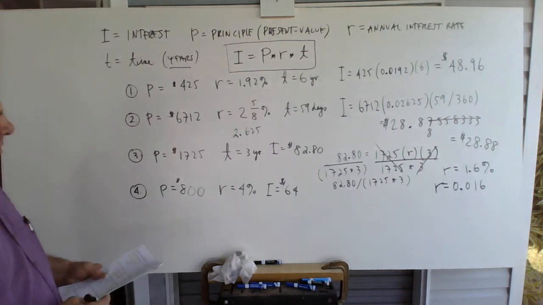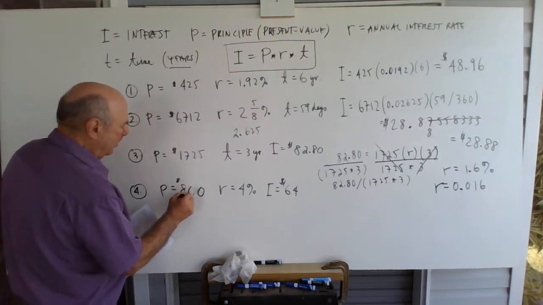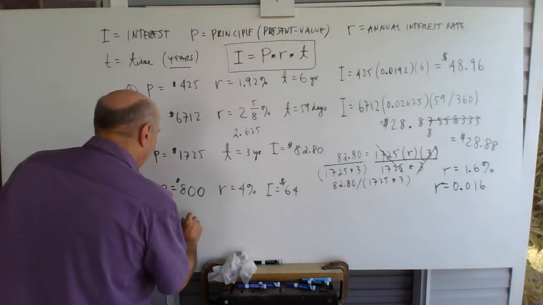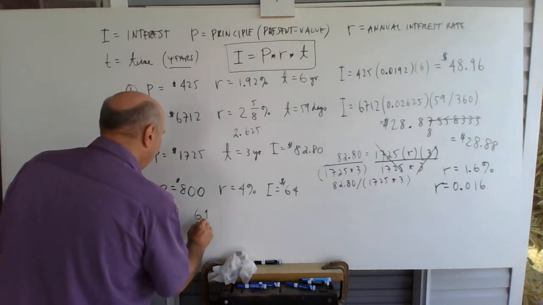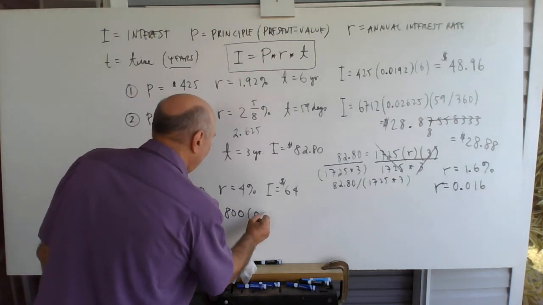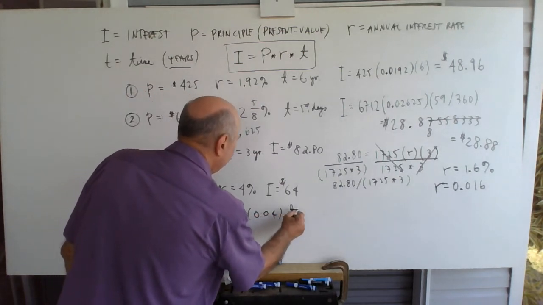So we want to solve for T. So I equals P times R times T.